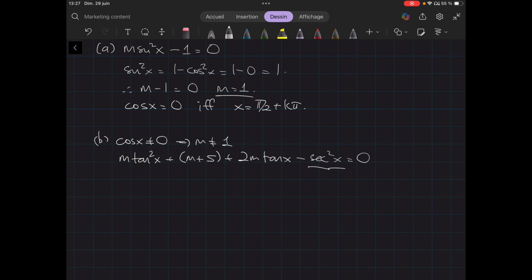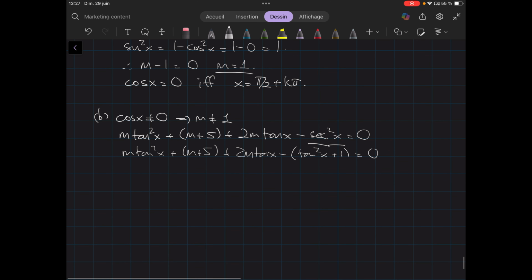Secant squared is tan squared plus 1. So the equation becomes m minus 1 tan squared plus 2m tan of x plus m plus 4 is equal to 0, as requested.